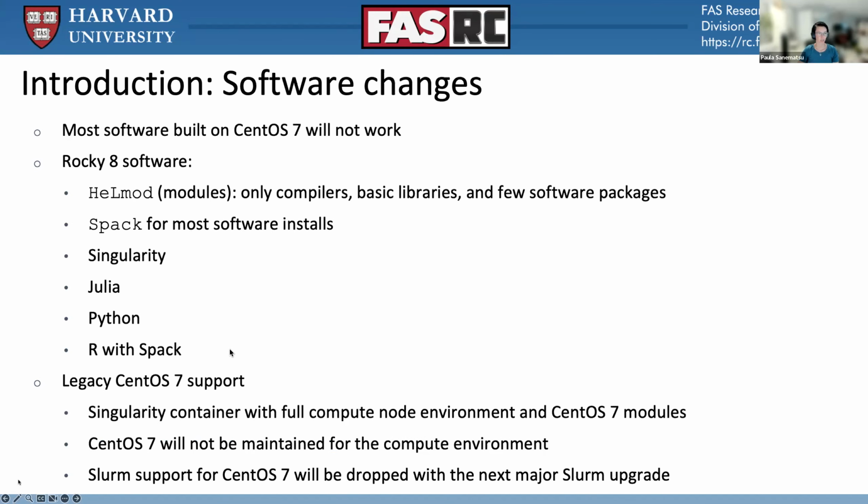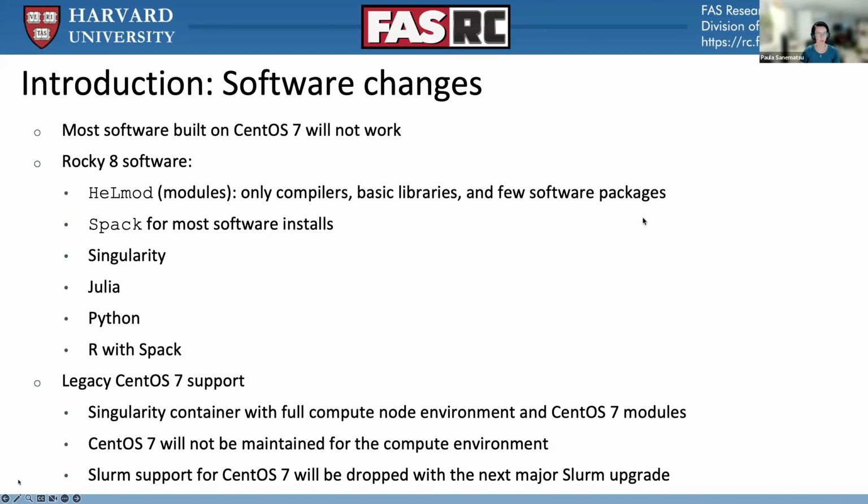Some of the software changes that happened during the June maintenance: most of the software built on CentOS 7 will not work. As some of you have already experienced, it will not work. A lot of the modules are gone. We only have basic compilers, basic libraries, and a few software.